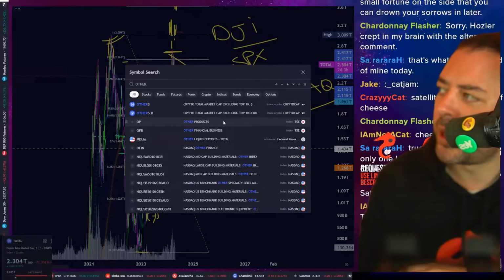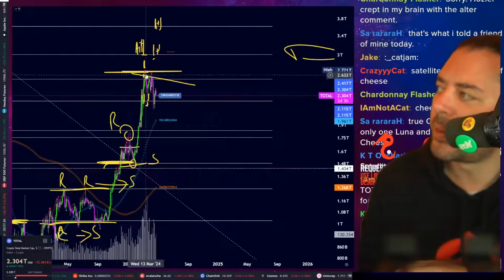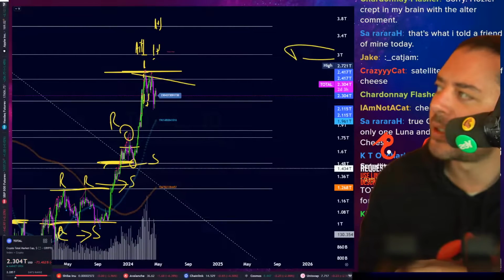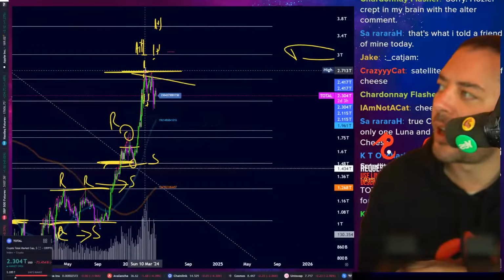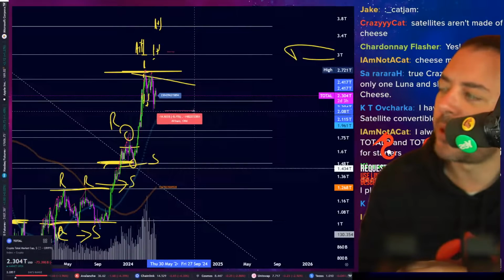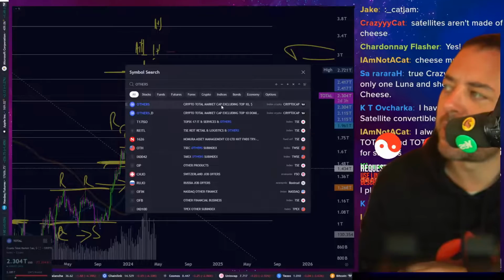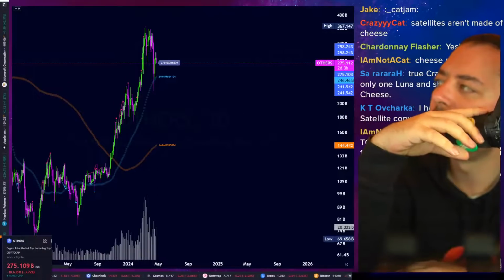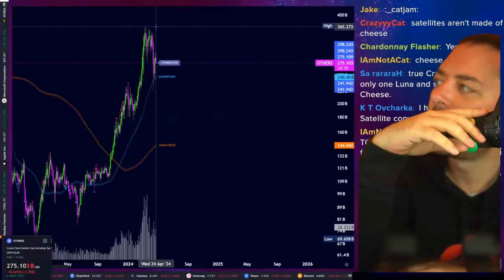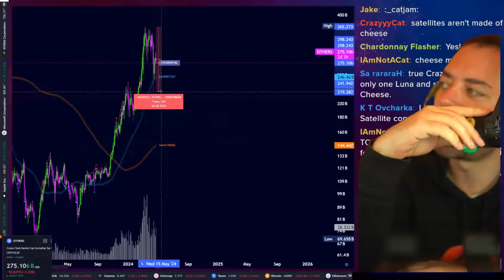In the recent pullback, the total market cap saw a drop from highs to lows of around 21, 22% or so. Others saw a bigger drop, from its highs to its lows, of around 40%.